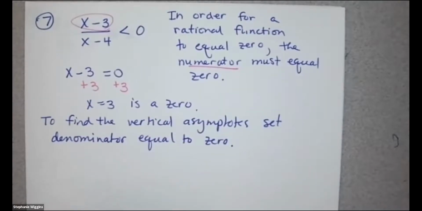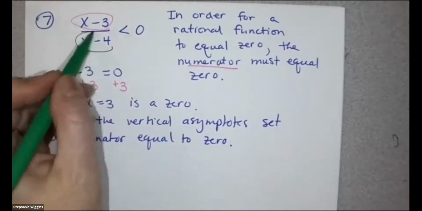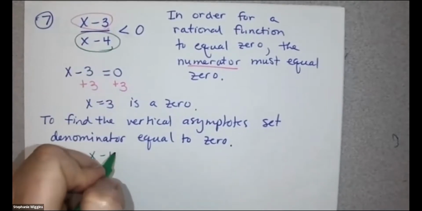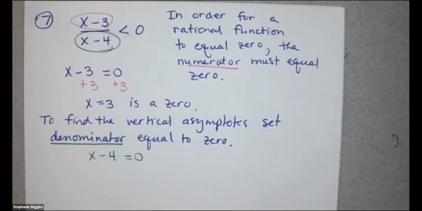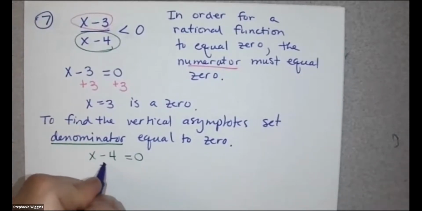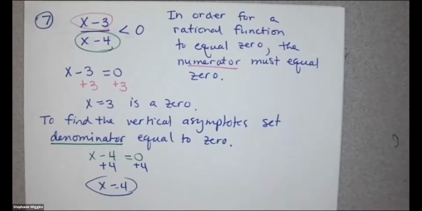And so in doing so, we get x minus 4 is equal to 0. And when you add 4 to both sides, you get x is equal to 4. So this is the vertical asymptote.